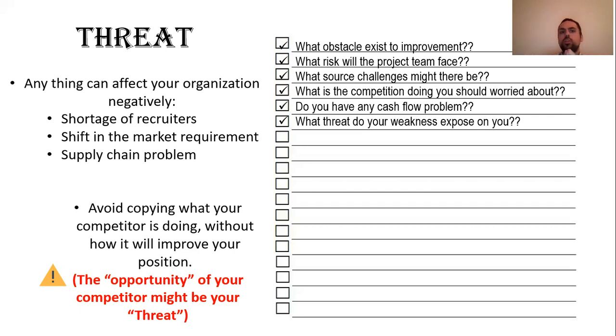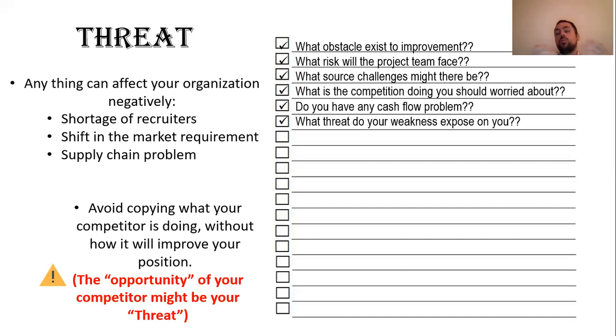What about the questions of the threat? Which type of questions should we pay attention to? What obstacle exists to improvement? We need to know which type of difficulties and problems exist when we want to improve our system.